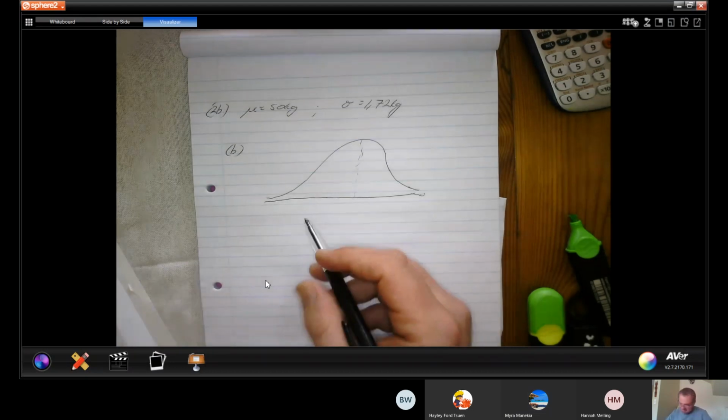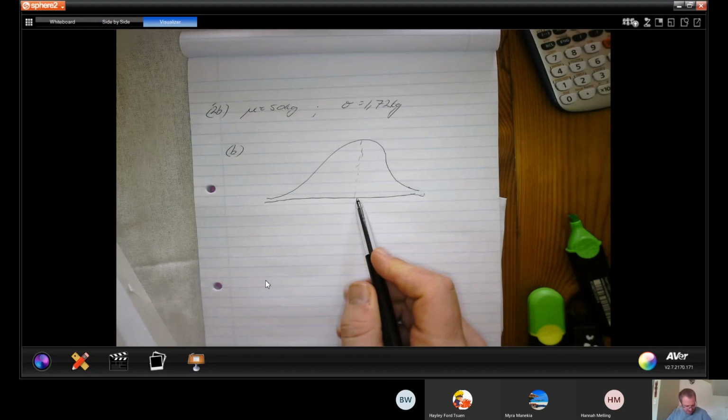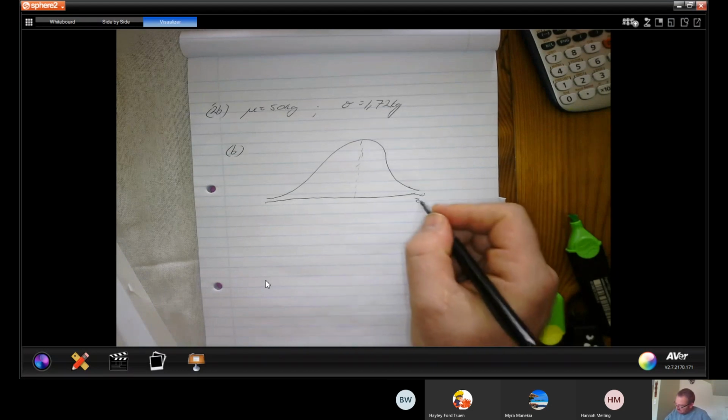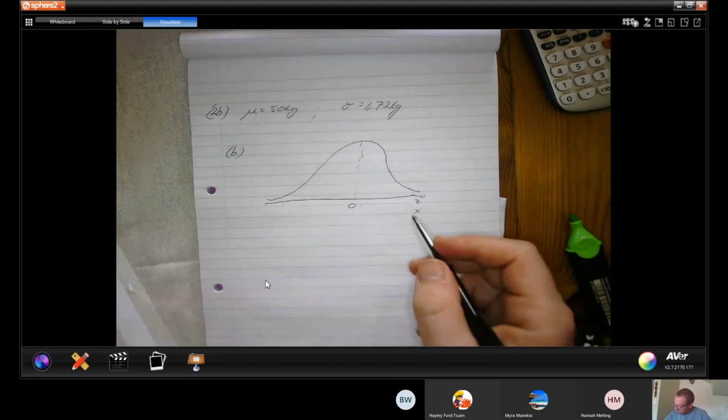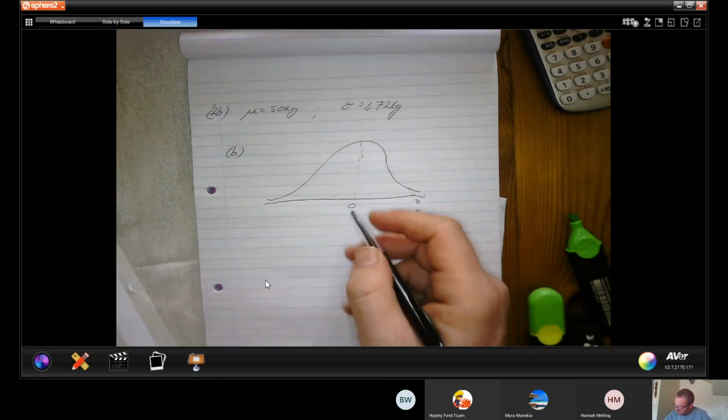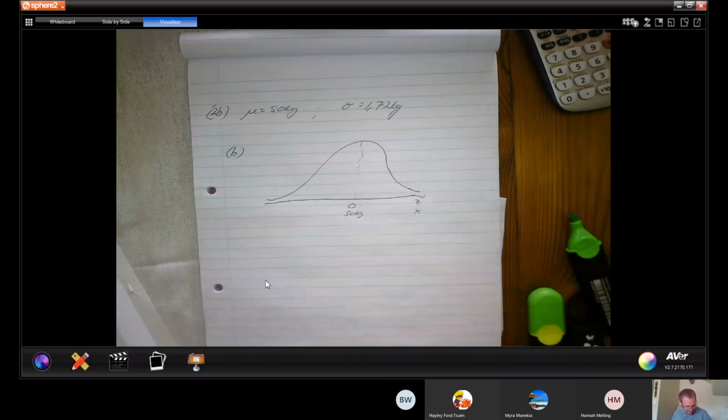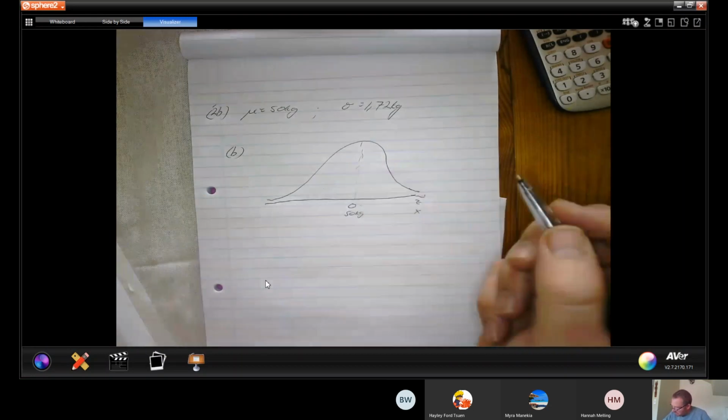But anyway, right. We've got our Z scores and our X scores. The Z at the mean is 0 and the X mean is 50. The bottom 15% of cement bag weights are disposed of. So am I going to be to the left or the right of the mean for this Z score?